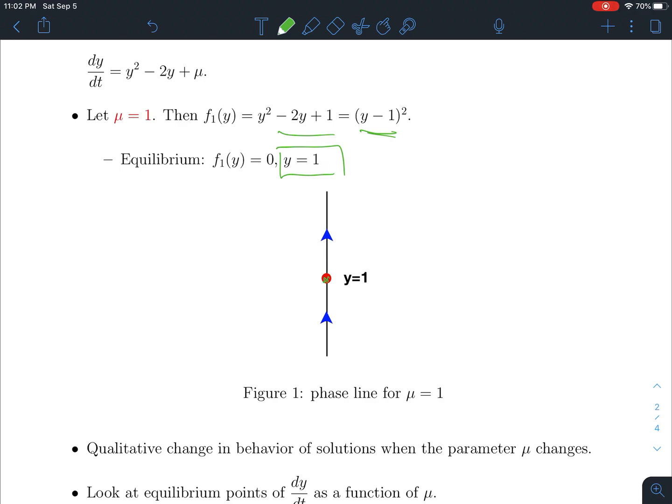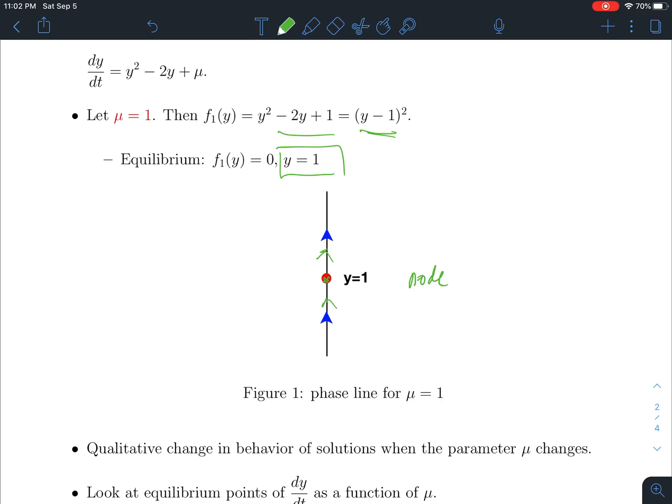This equilibrium point is actually repeated. When we check the sign, y bigger than 1 is pointing up, and because it is repeated, below it has the same sign. So this is a node.